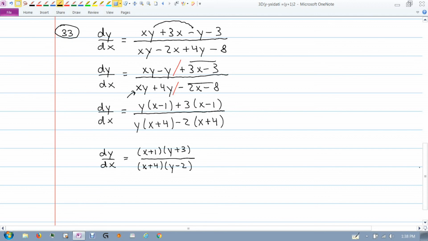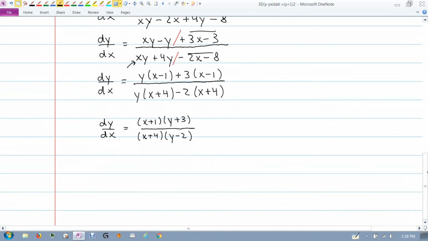All right. Now we can work with that. I'm going to multiply both sides by y minus 2 and divide by y plus 3, so they'll go to the other side and get flipped over. And then I'm going to bring my dx to the other side. So I should be in business at this point.